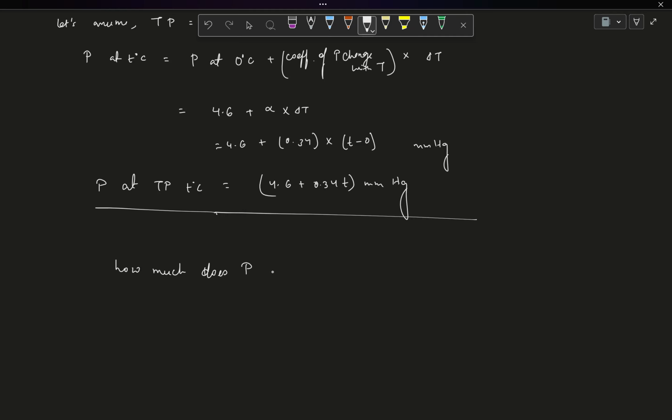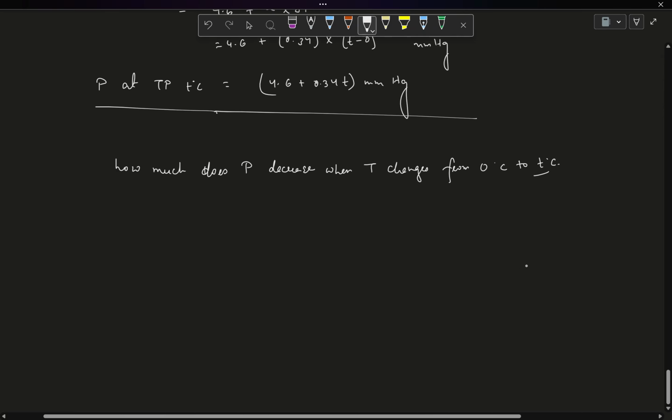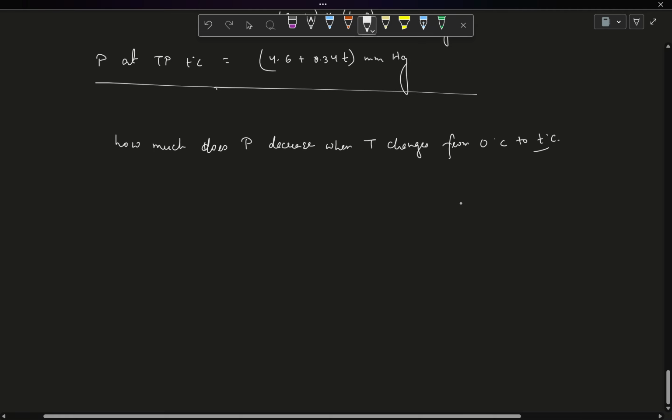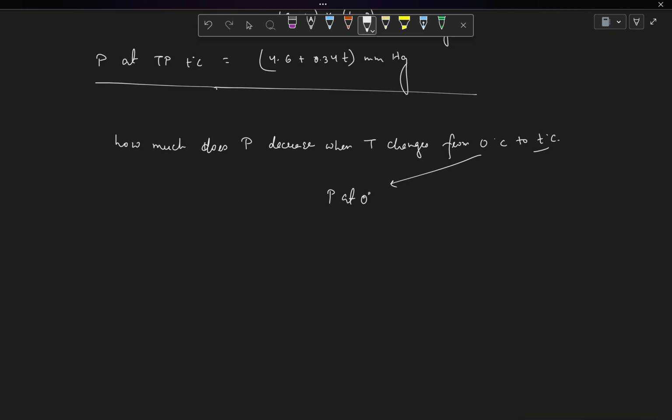That is simple: the pressure at 0 degree centigrade minus the pressure at T degree centigrade.